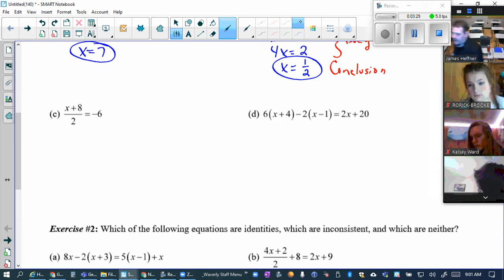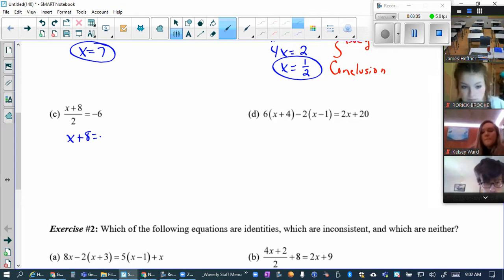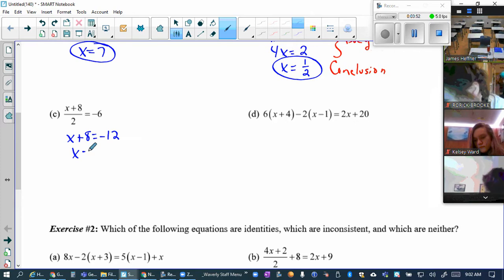Anthony, you see what you might have done? If we multiply both sides by 2, you get x plus 8 equals -12. I think you added 8 to both sides. What should you have done? Subtracted it, right? So if we subtract 8 from both sides, we get x equals -20.